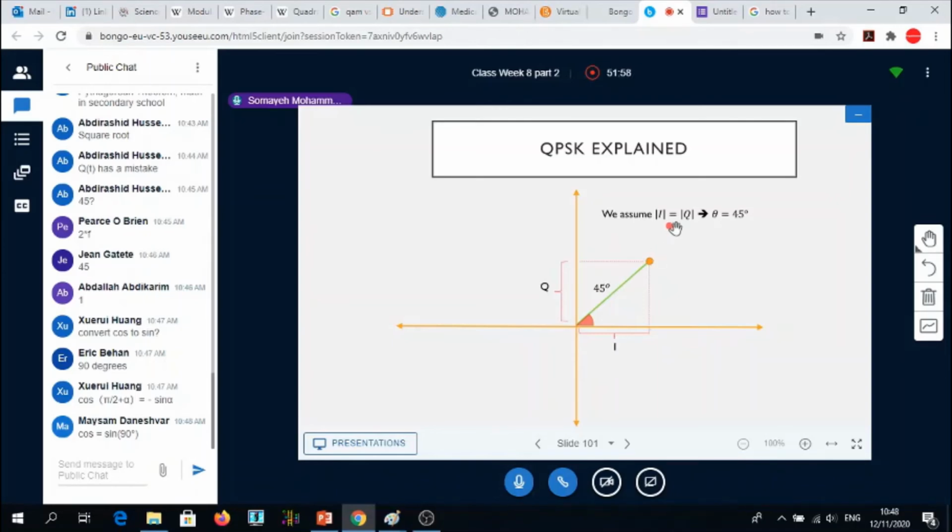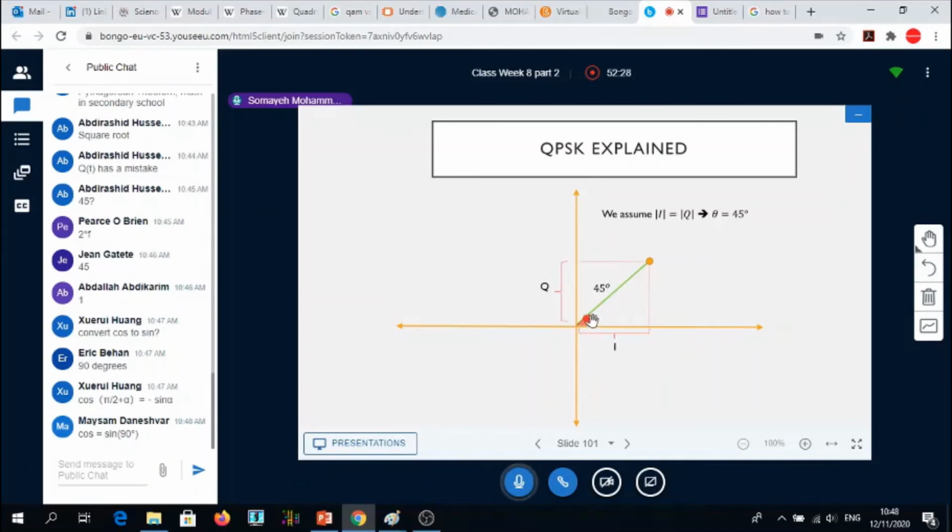So I'm saying the absolute of I is equal to absolute of Q, so amplitude is not being changed, and the only thing that is changing is my theta. If they are equal to each other, theta is equal to tangent inverse of 1, and that is equal to 45 degree.